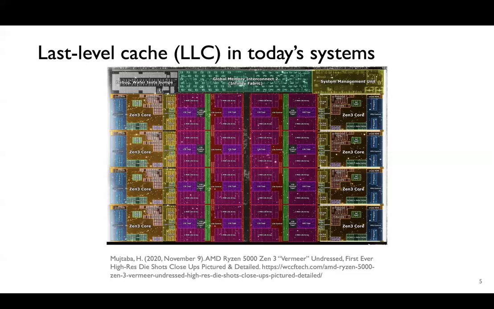The last level cache can occupy a substantial portion of the die area. So for example, as highlighted here in purple, AMD Zen 3 dedicates around 40% of its die area to its 32 megabyte L3. While large caches offer increased capacity, this doesn't always translate into improved performance.